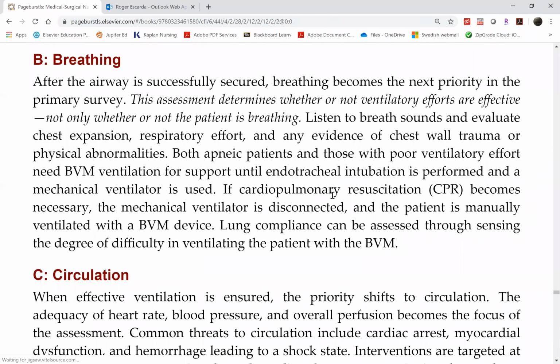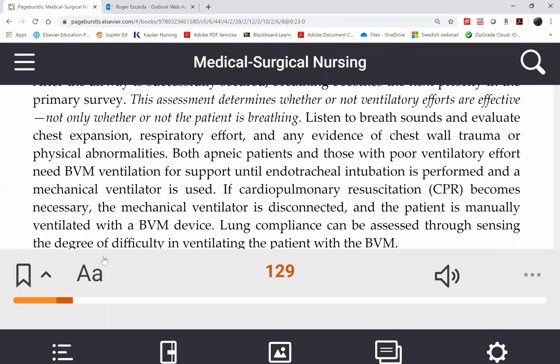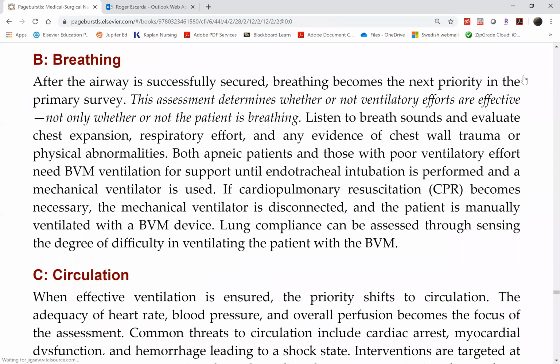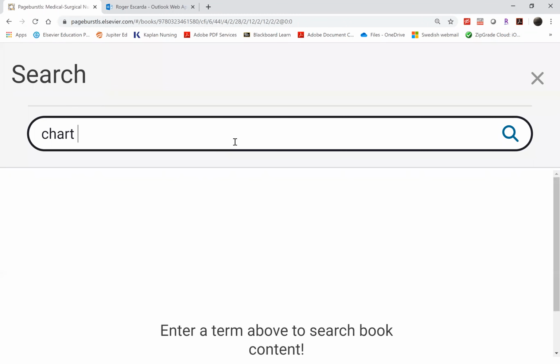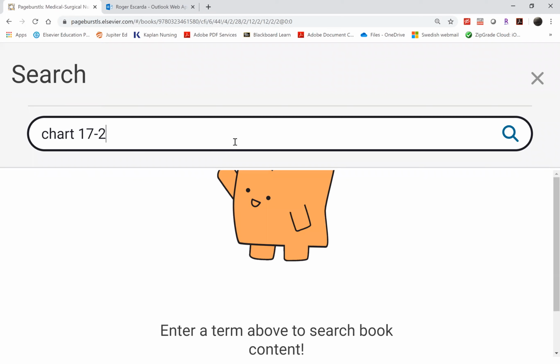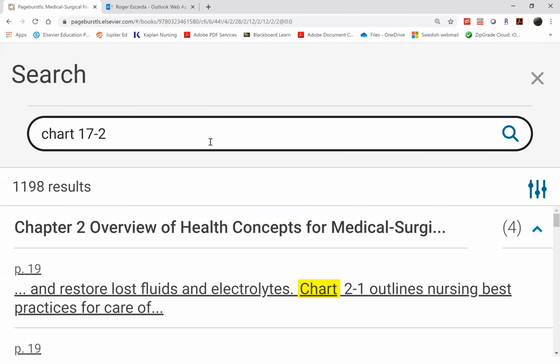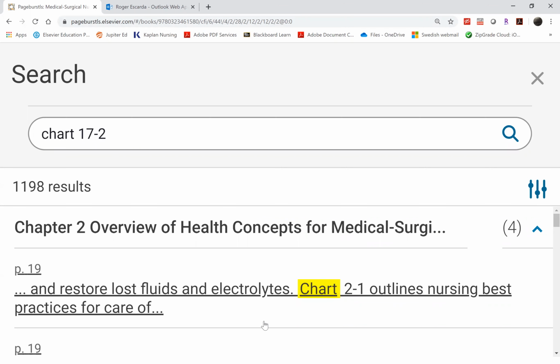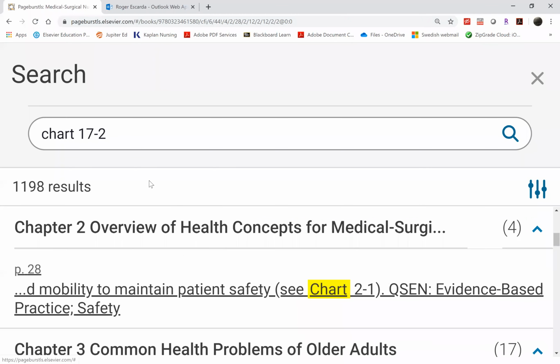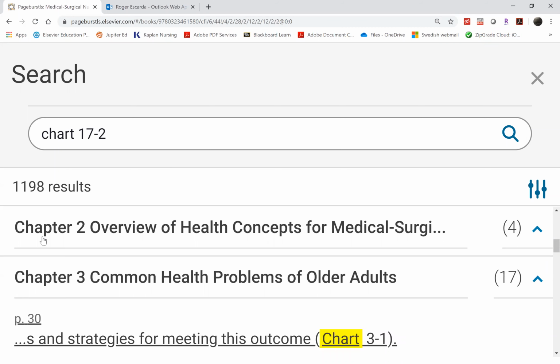No, it's not. So chart 17-2 is under the organ rejection chapter. Page 302. Oh, 302. Thank you.